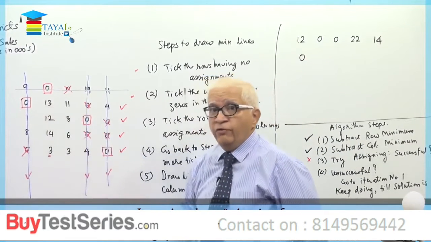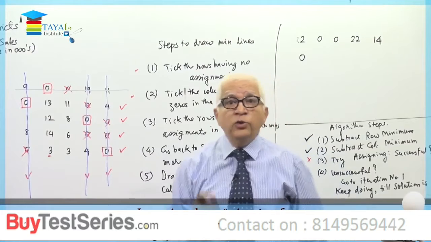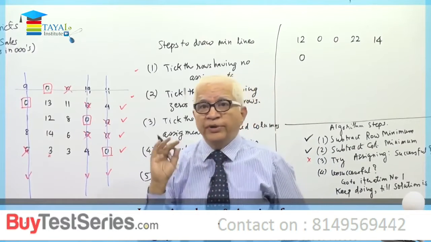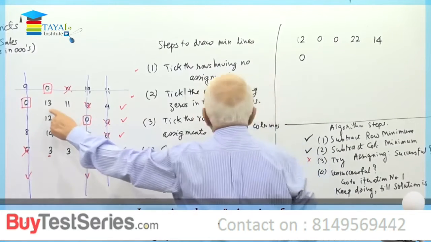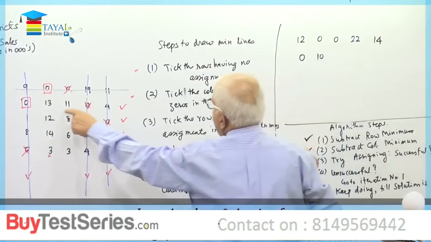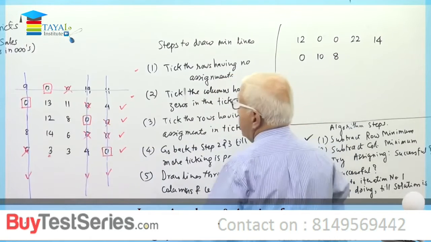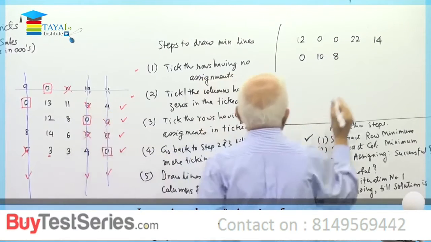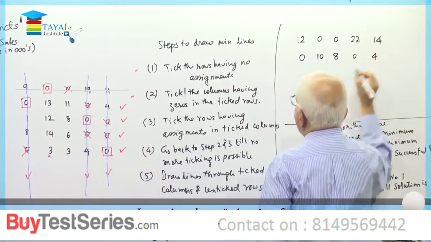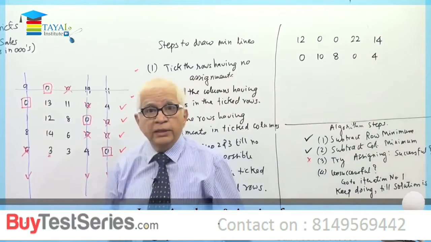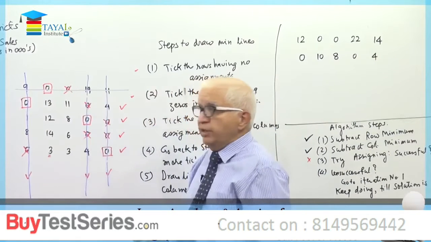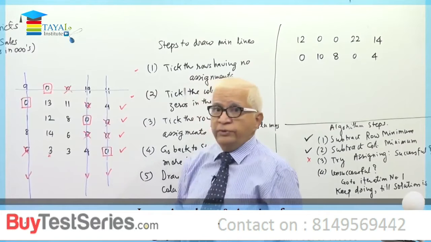Second and third elements have no lines passing through them. When there are no lines passing through the element, we'll subtract 3. So 13 minus 3, 10, 11 minus 3, 8, and then one line, that means no change, 0 and 4. Fine. Third row. Can you see a similar situation in the third, fourth and fifth row?